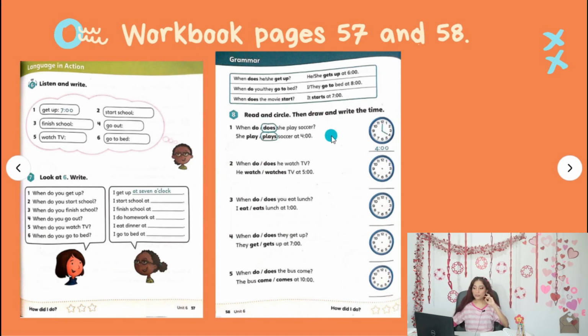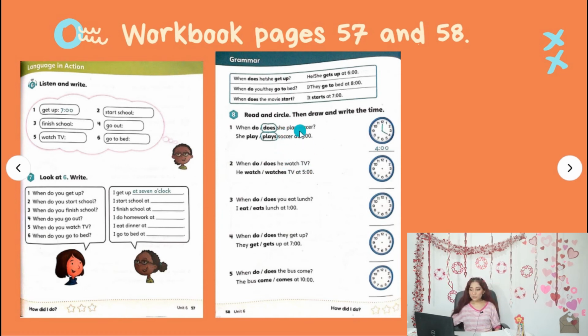Okay, so activity 8 says, read and circle, then draw and write the time. For example, number 1 is already answered because it's an example. When do or does she play soccer? Of course, they circle does because our personal pronoun is she. When does she play soccer? She plays soccer at 4 o'clock. Remember that with the third person you need to add an S. Recuerda que con una tercera persona tenemos que añadir S, okay?